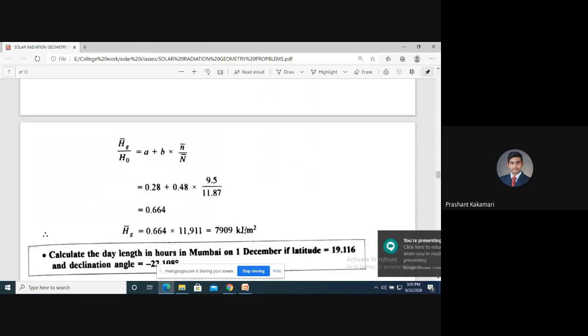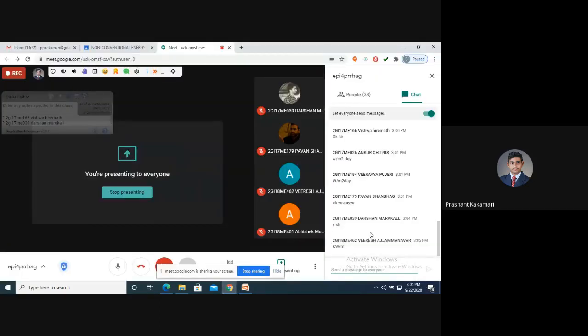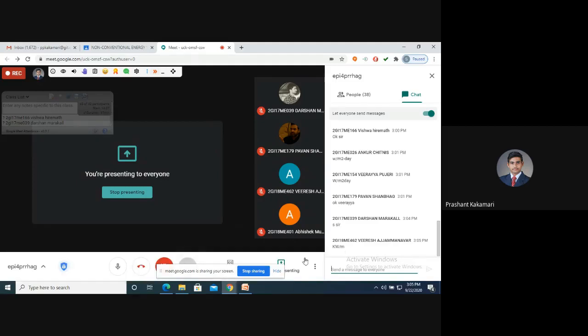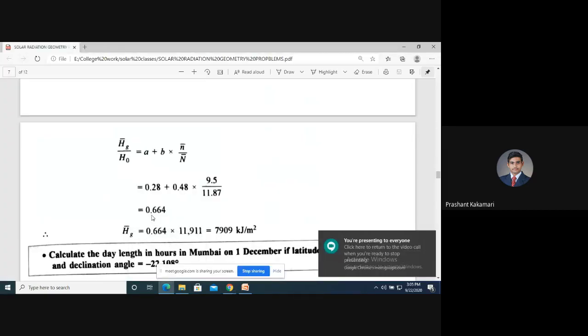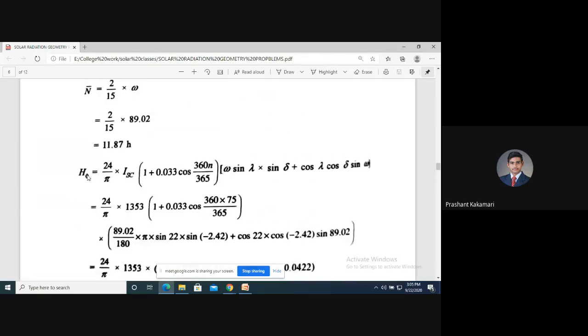Whether it should be in watt per meter square for the given month or in kilowatt. Why kilowatt? Because here 0.664 is a constant. This value we have taken as watt per meter square for a given month.